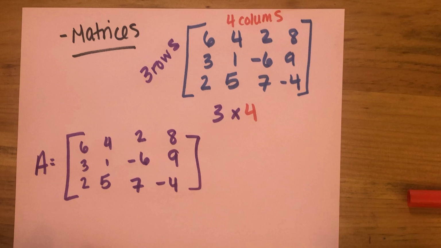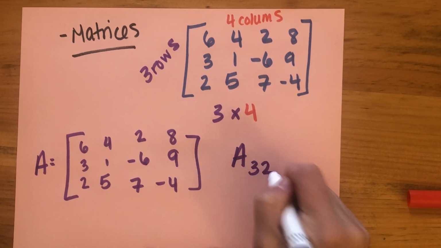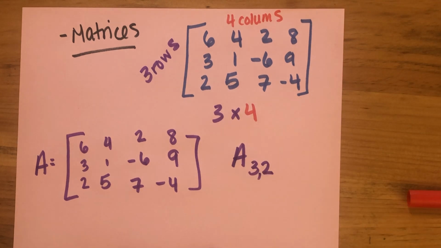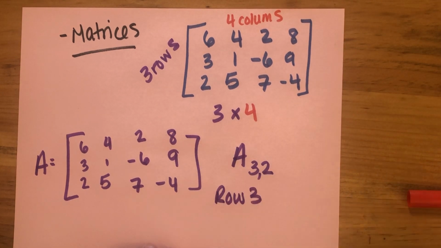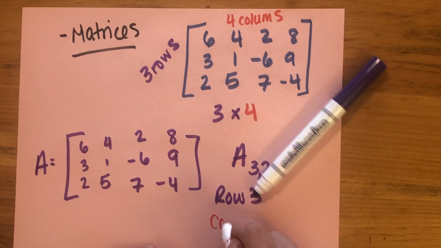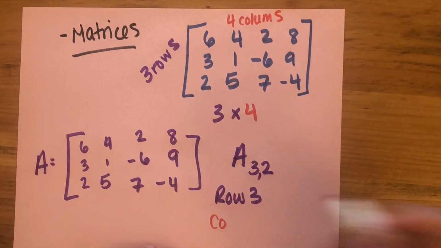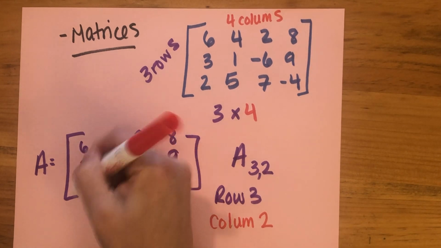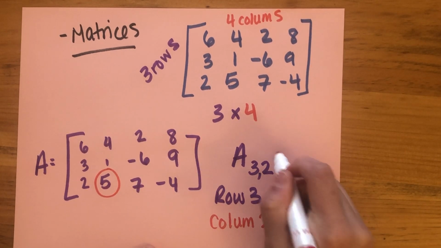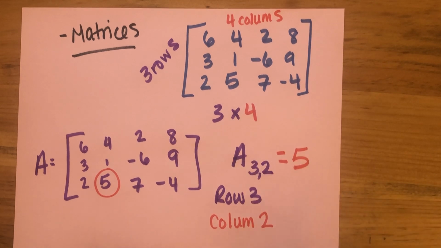If this was matrix A, and I wanted to find element A32, I would go to row 3 and column 2, and I would find my element. So I go to row 3, column 2. So A32 would equal 5. So that's essentially what we talked about last week in our videos.